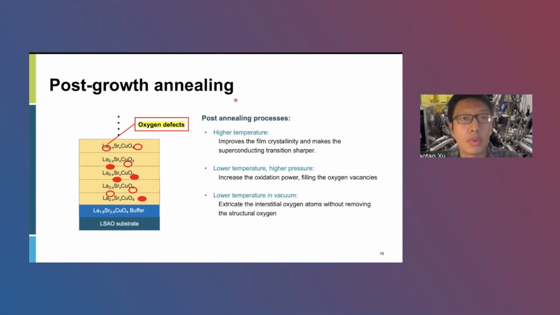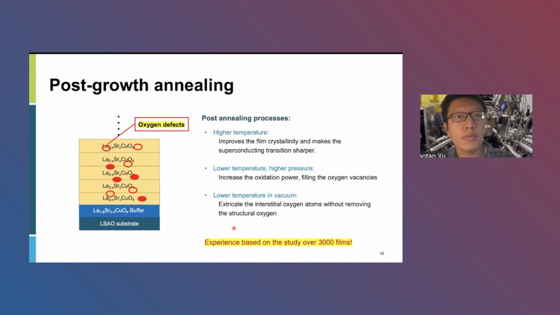On the right-hand side, I'm showing the effect of several different annealing conditions. For different LSCO compounds, we have developed different recipes based on our study of over 3,000 films in the past 20 years. So I'm not going to show the details of these annealing recipes here.